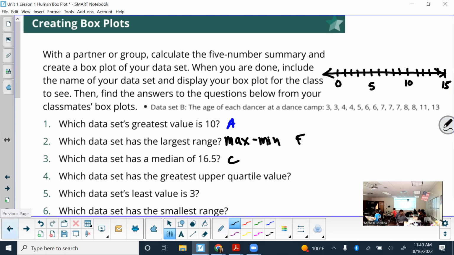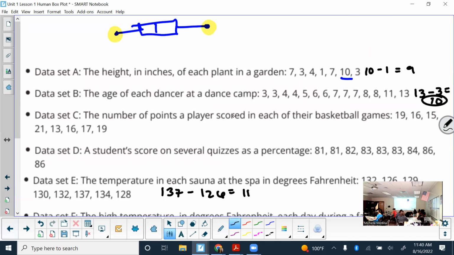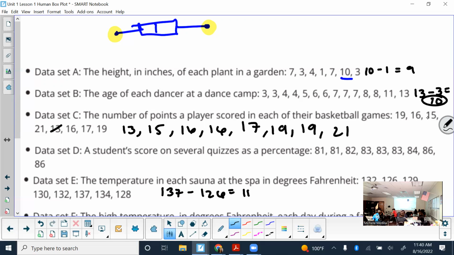So going to our data for C, remember you want them to be in numerical order. We have 13, 15, there's 2 16s, there's a 17, there's 2 19s, and a 21. All right, just making sure I don't forget any.